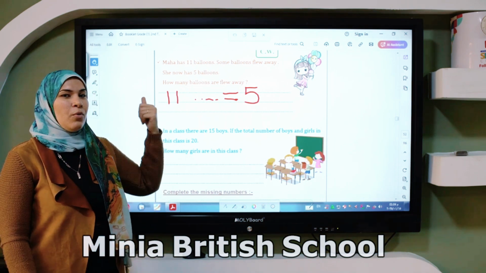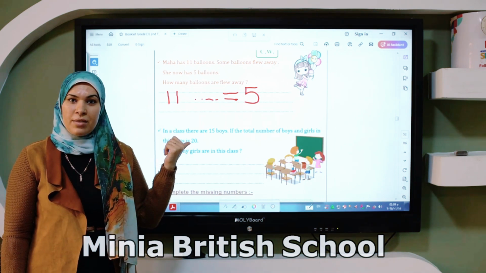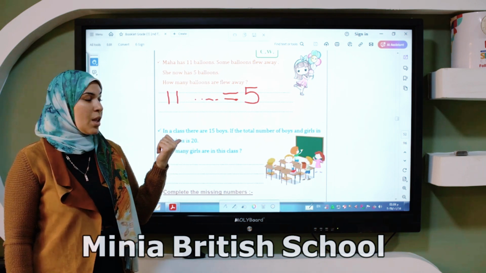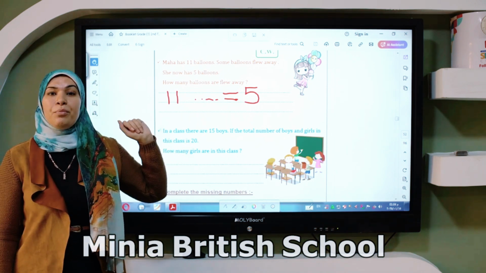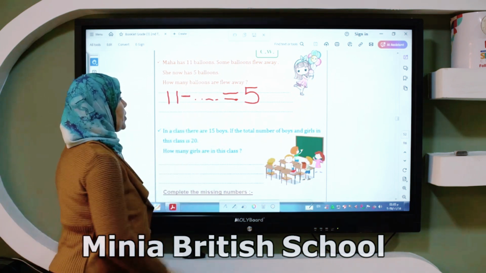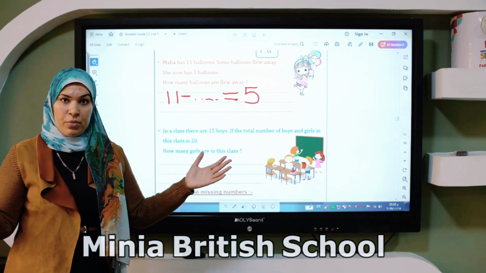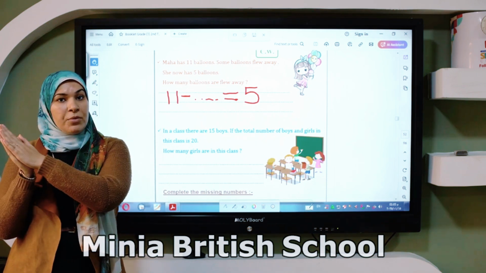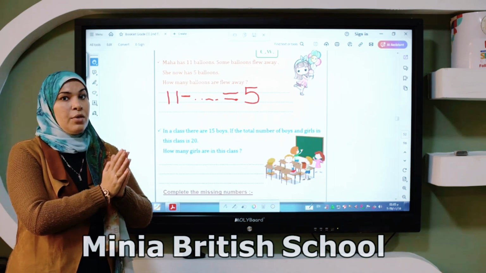Who can tell me what is the sign here, plus or minus? The sign here is minus. Why is it minus? Because we said before, if I start with the bigger number, the sign will be minus.